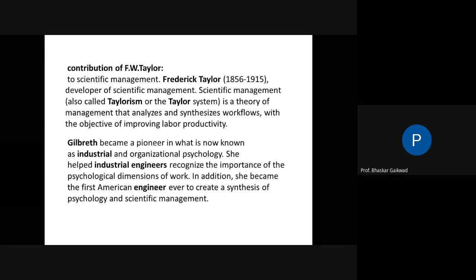Now, two scientists made great efforts in the development of industrial engineering. F.W. Taylor is related to method study, and Gilbreth is related to time study or micro motion studies.